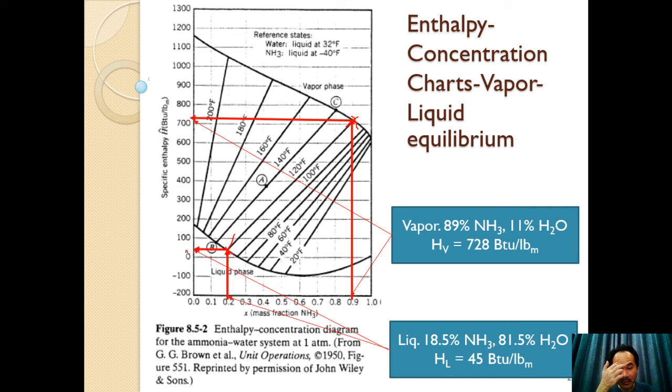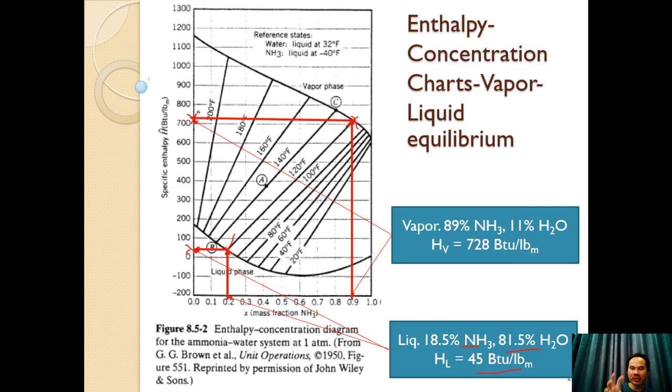You get, for this case, it's about 18% of ammonia, and the other one, 1 minus 0.18, is water. Enthalpy is approximately 50 or 45. That's right. For this case, the enthalpy is 728 BTU per pound mass.